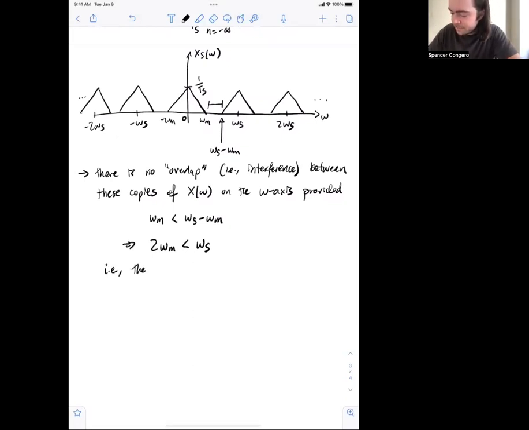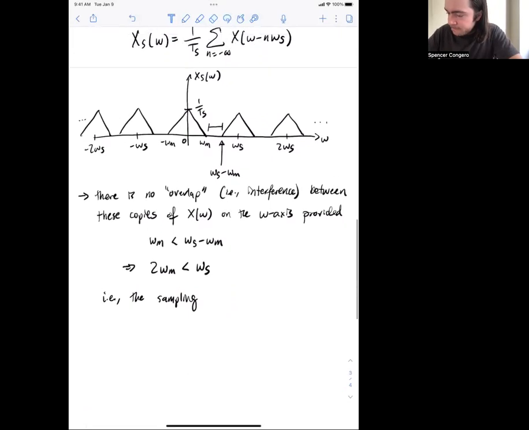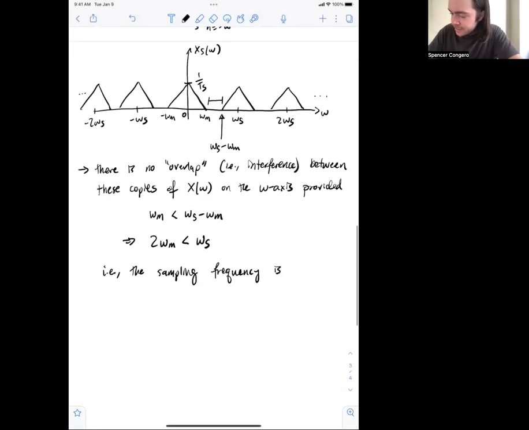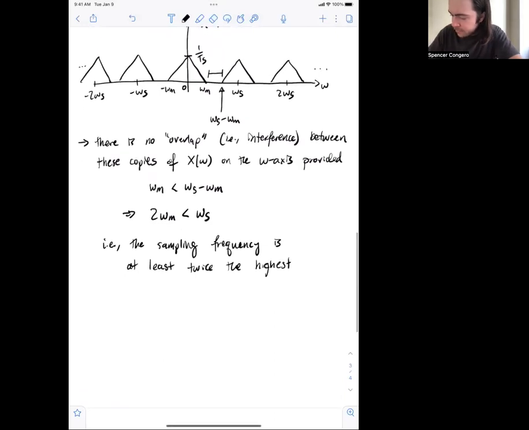This is just saying the sampling frequency is at least twice the highest frequency in x of t. That was our omega sub m.